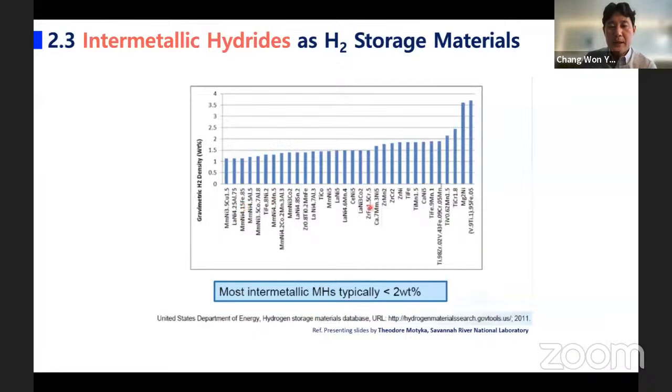Many types of intermetallic metal hydride were developed, but most typically have a very low gravimetric hydrogen storage density.